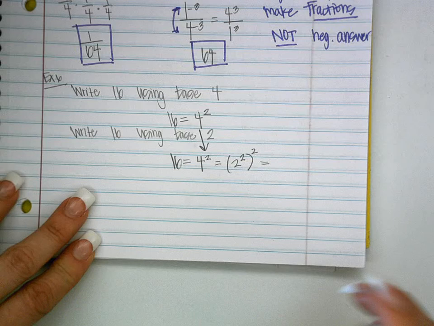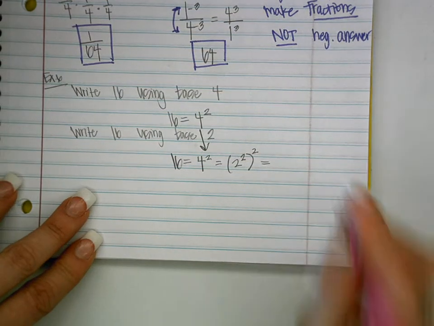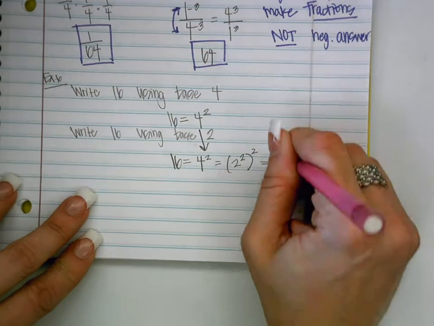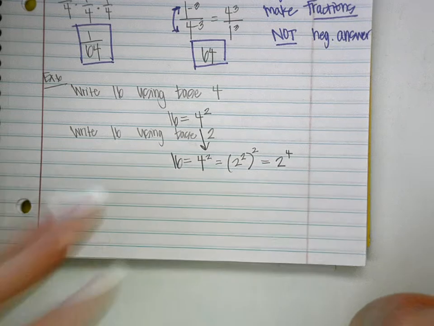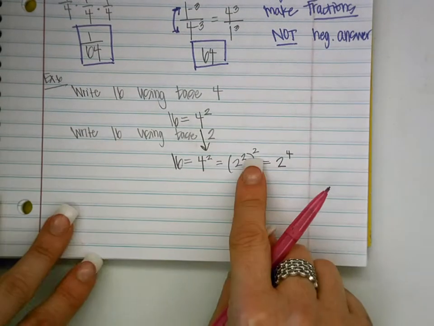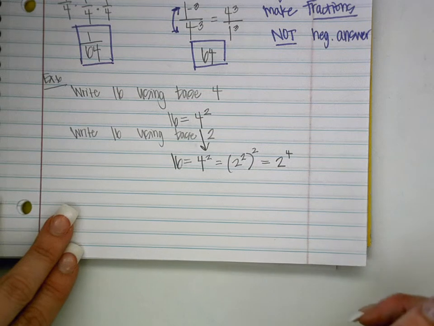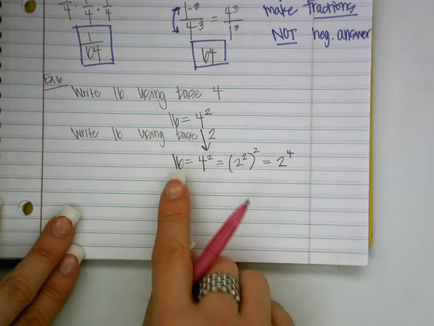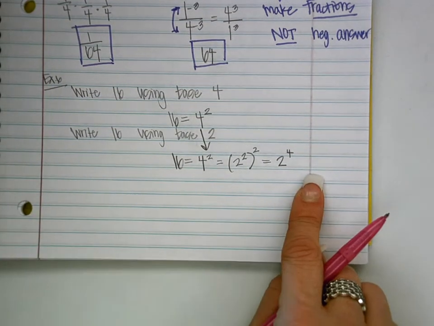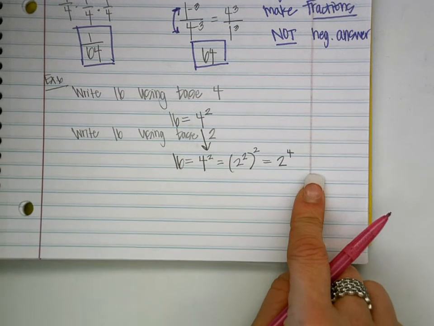Do you add them or multiply them? Multiply them. So this would become 2 to the 4th power. This one would be the same thing if you added or multiplied 2 and 2, but the actual rule is multiply. So just make sure that you can write different numbers using different bases.